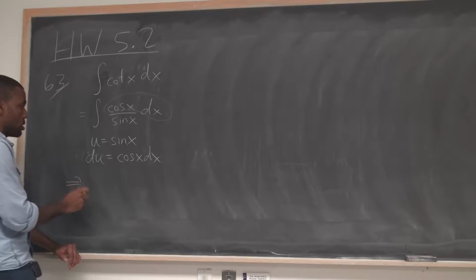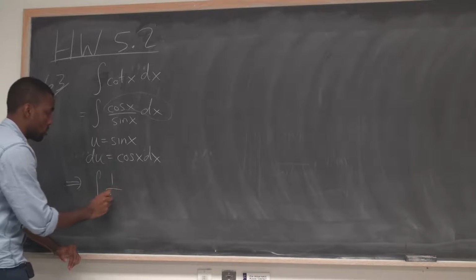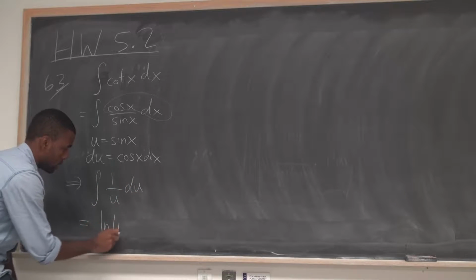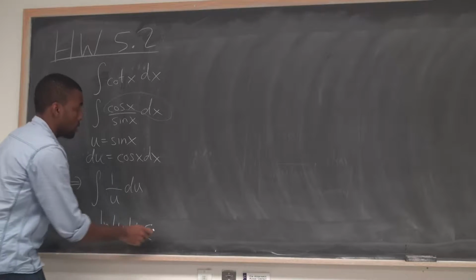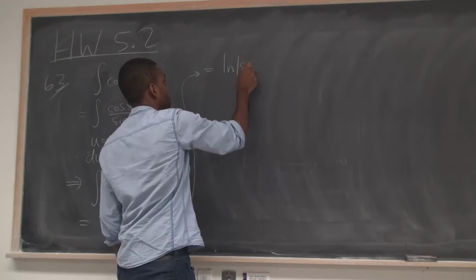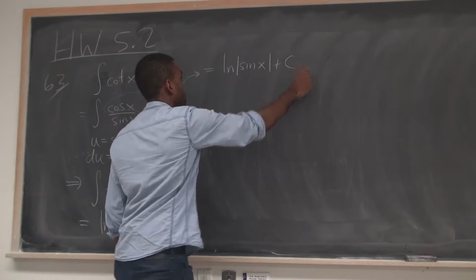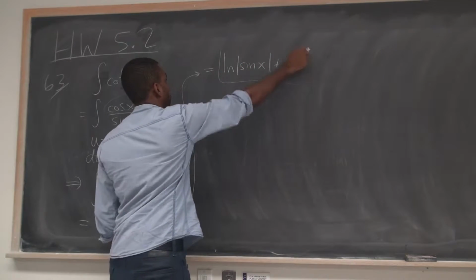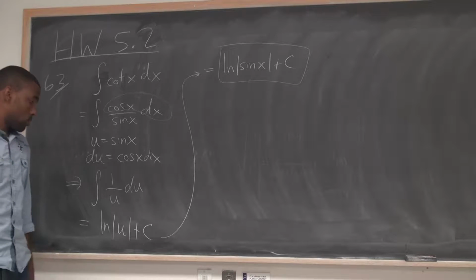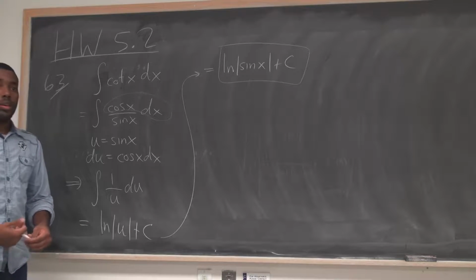So this would give us the integral of 1 over u du, which we know gives us ln u plus c, which is ln of sine x plus c. So it's just using your trig identities, rewrite it, do a substitution, and now we know how to integrate that because we know about the log function.